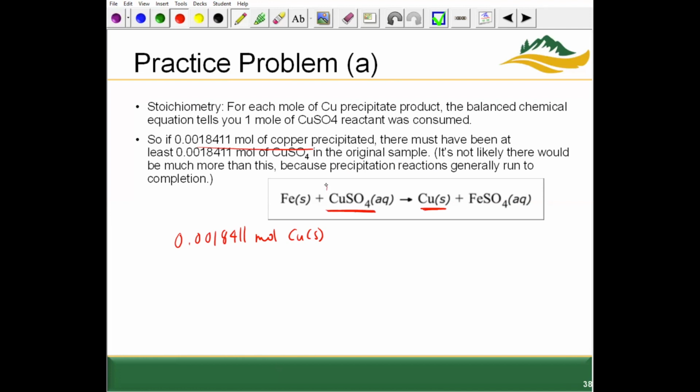The mole to mole ratio with these coefficients is 1:1, so moles of copper solid is the same as moles of copper 2 sulfate. But it's not always going to be that straightforward, so let me show you how you would set this up, even if it were 1:1 or 2:1 or 2:3.